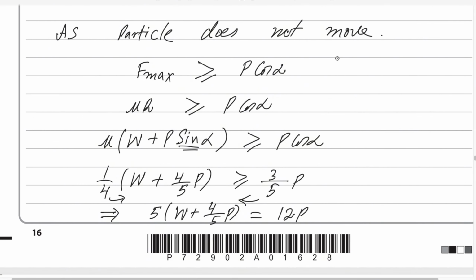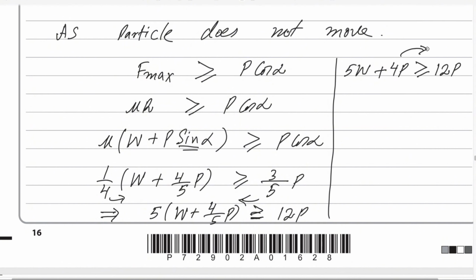Now you need to simplify this. Expand the brackets, we will get 5W, sorry, this is greater or equal, we have to keep the same inequality. 5W plus this 5 multiplied here, 5 will cancel out, so it is left with 4P only, greater than or equal to 12P.